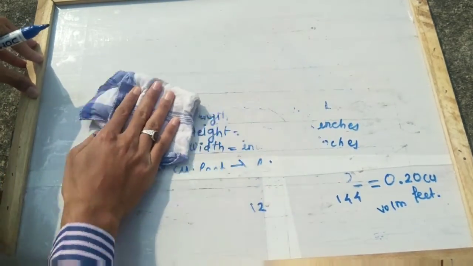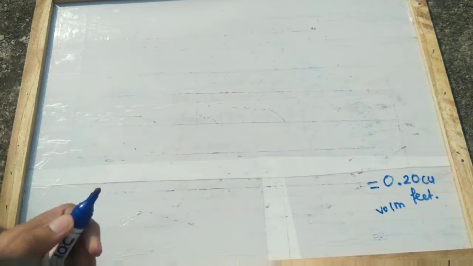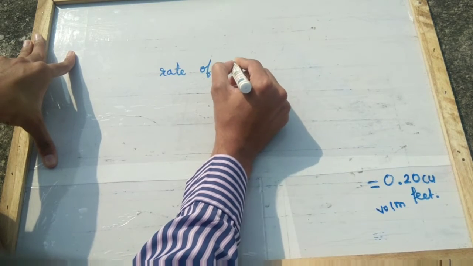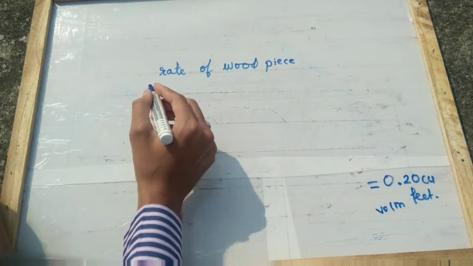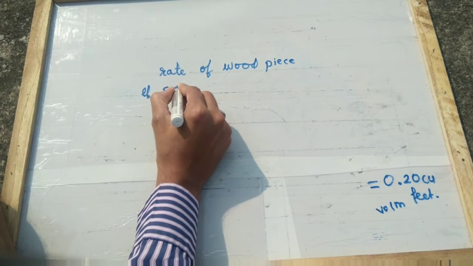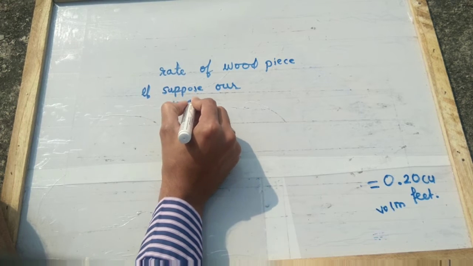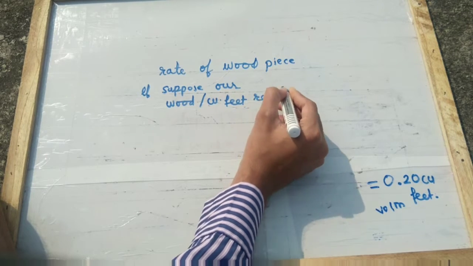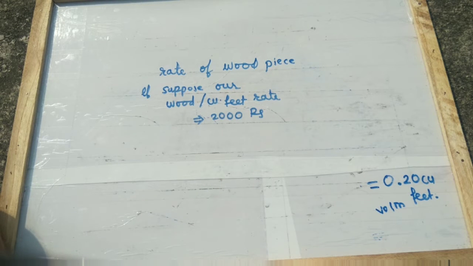Now this is our value, 0.2 cube feet. Now how to calculate the rate of the timber, the rate of the wood piece? Suppose our wood per cubic feet rate is equal to 2000 rupees.